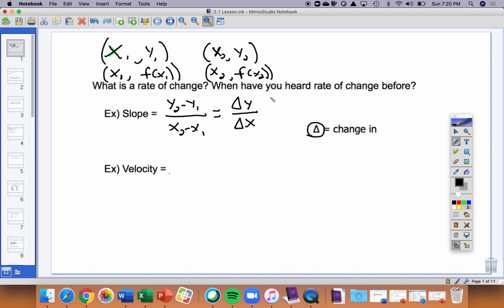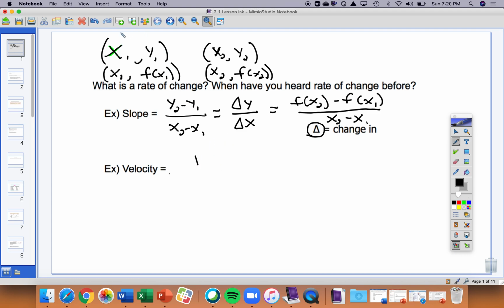So you can think of slope as f of x2 minus f of x1 over x2 minus x1, the difference in the y values over the difference in the x values. All three of these formulas mean the same thing: change in y over change in x. That's the slope, which you've seen before.